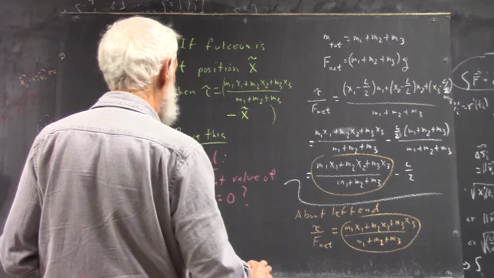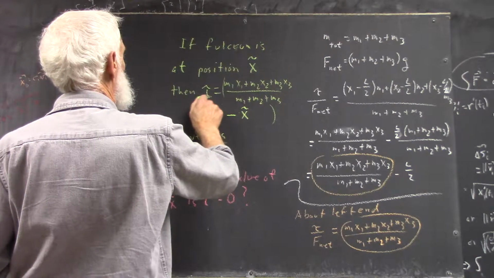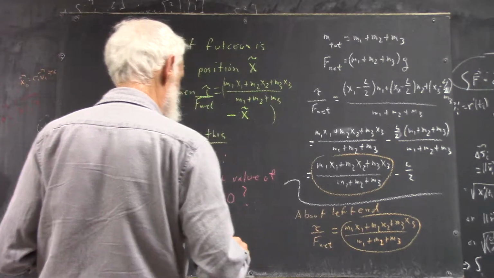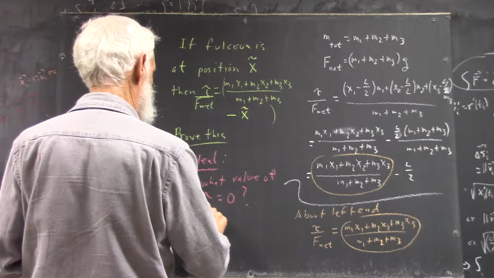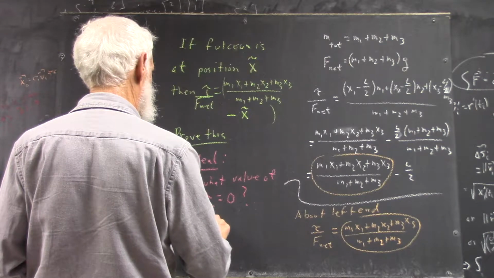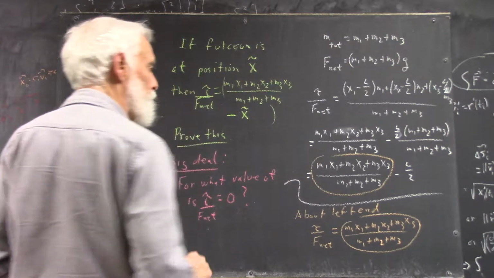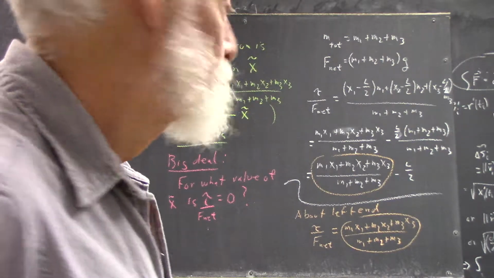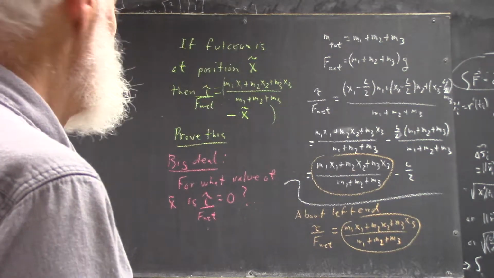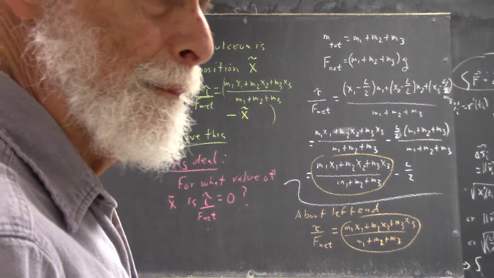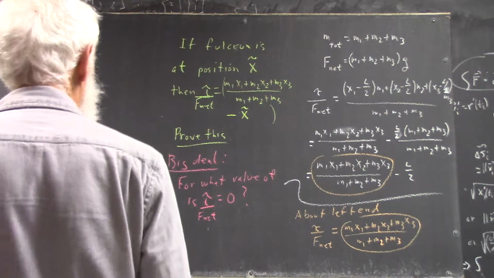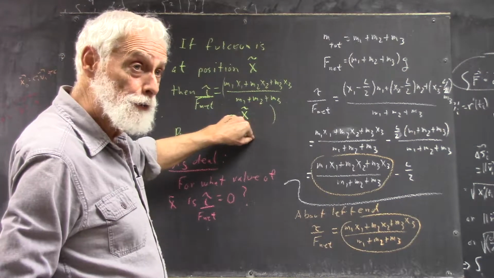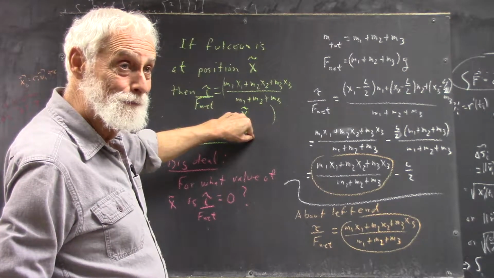Well, we'll know it to be 0 if and only if m1x1 plus m2x2 plus m3x3 over m1 plus m2 plus m3 is equivalent to the fulcrum. So we could just write an equation, set this equal to 0 and solve for x tilde, right?